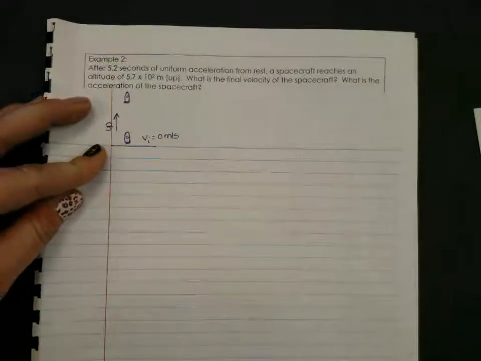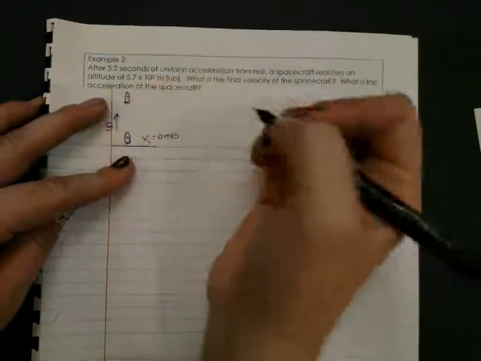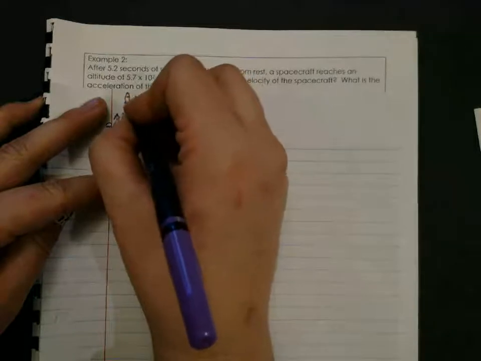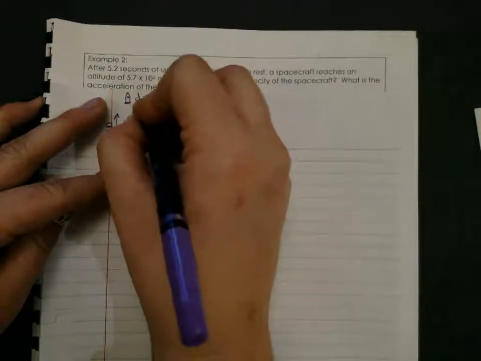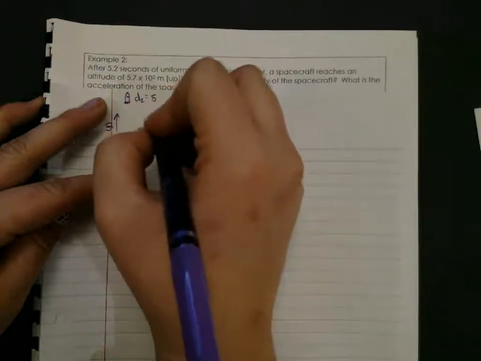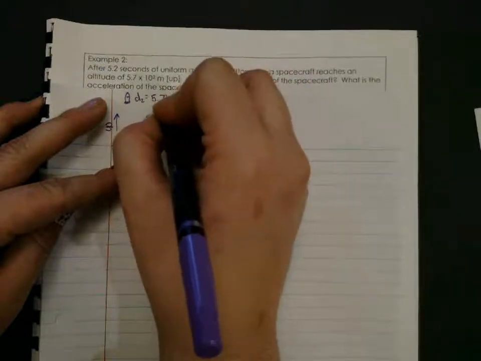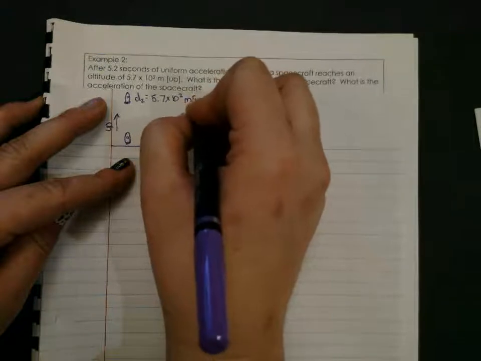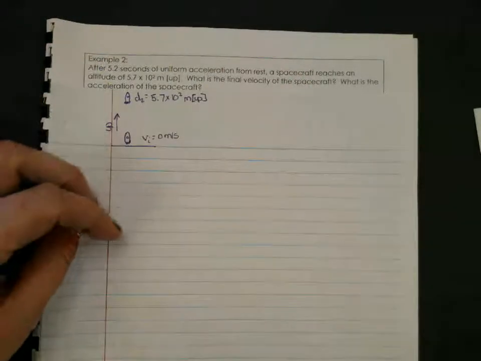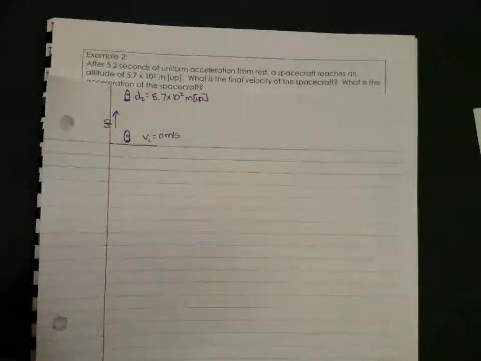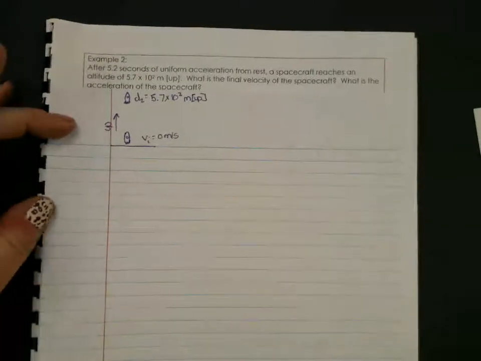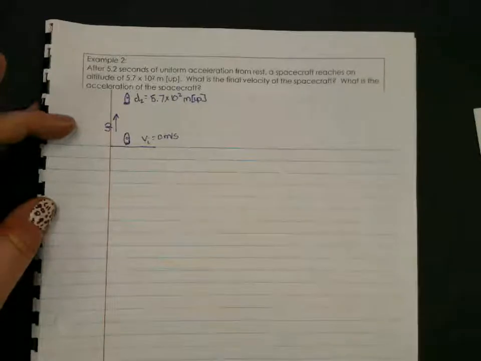And the problem tells us its final altitude is 5.7 times 10 squared meters up. And it wants to know what the final velocity of the spacecraft is.